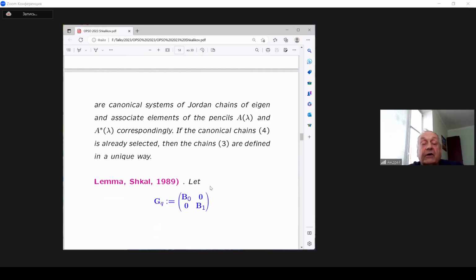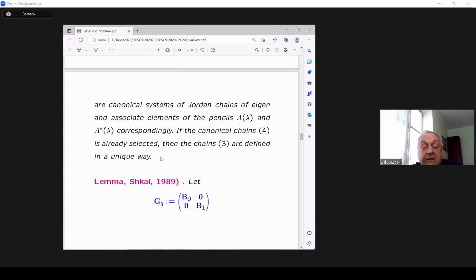What if the canonical chain is already selected, then the chains of the adjoint operator are defined in a unique way.